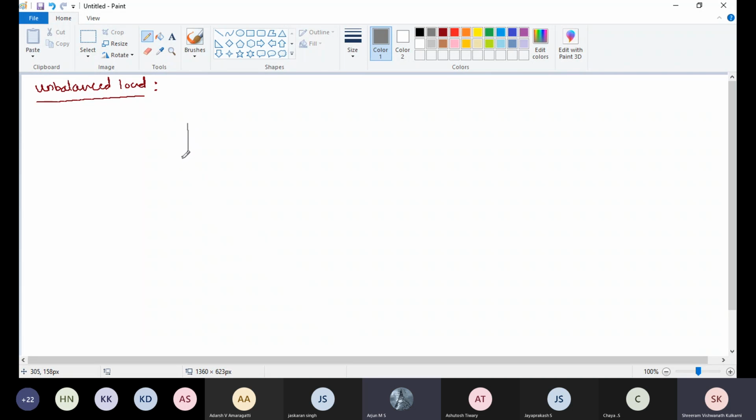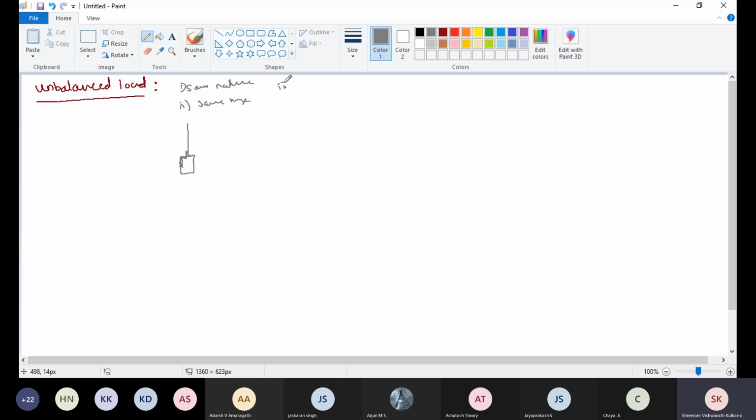Should all the three conditions be satisfied, or even if any one is there, is it an unbalanced load? Yes, if any one, in the sense, see what I said. First point is same nature. Second point is same magnitude.